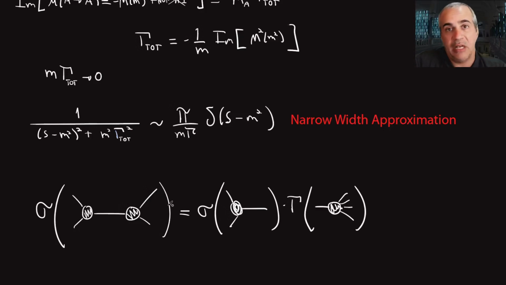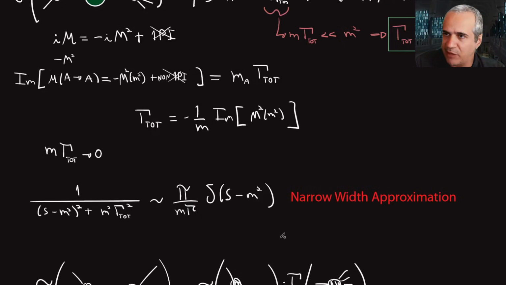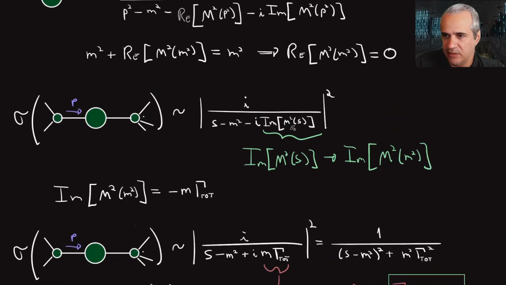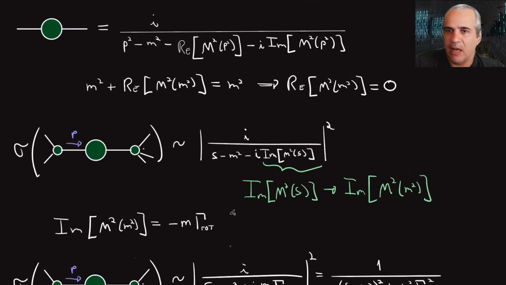Suppose we want to look at the opposite limit. Everything we did from this point down is not valid. Now, I really have to take into consideration this propagator, where both the real part and the imaginary part have important contributions away from the pole position.